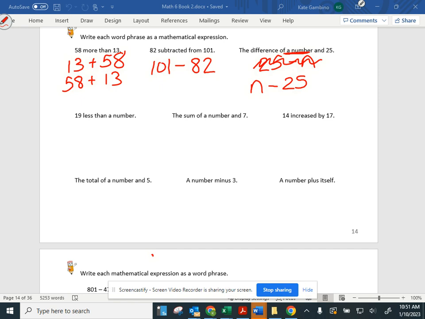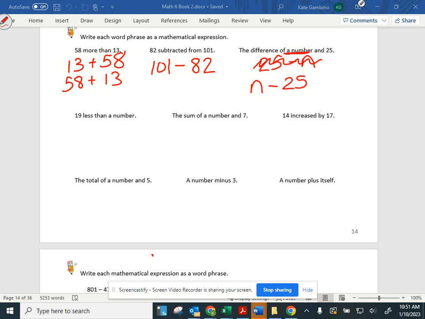Can I solve it? n minus 25? Can I give an answer? No, because we don't know what n represents. It's an unknown value. So when you have an expression, you don't have to solve it unless the directions are telling you to solve something. So for this, it's just writing the mathematical expression. You're not solving. You're just taking the words and putting them into the expression.